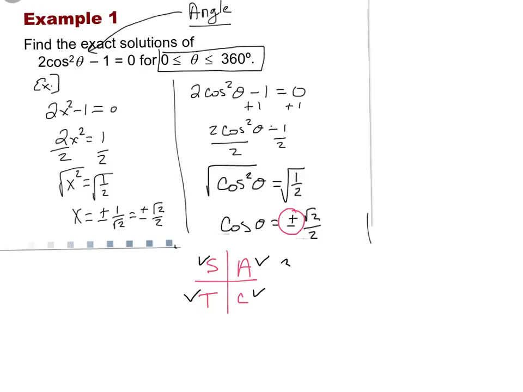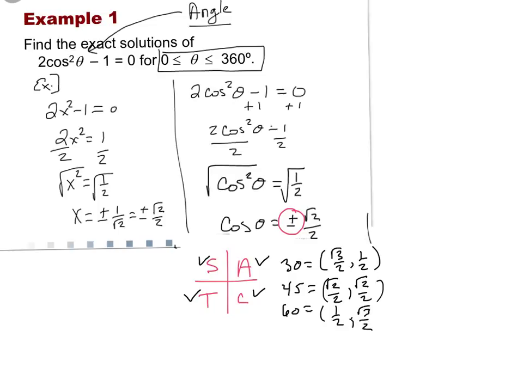So we have this little graph, if you will, or a little table that gives us all our basic reference angles for our nice triangles. And I got the root 3 over 2, the 1/2, I have the root 2 over 2, root 2 over 2, and I have the 1/2, root 3 over 2.